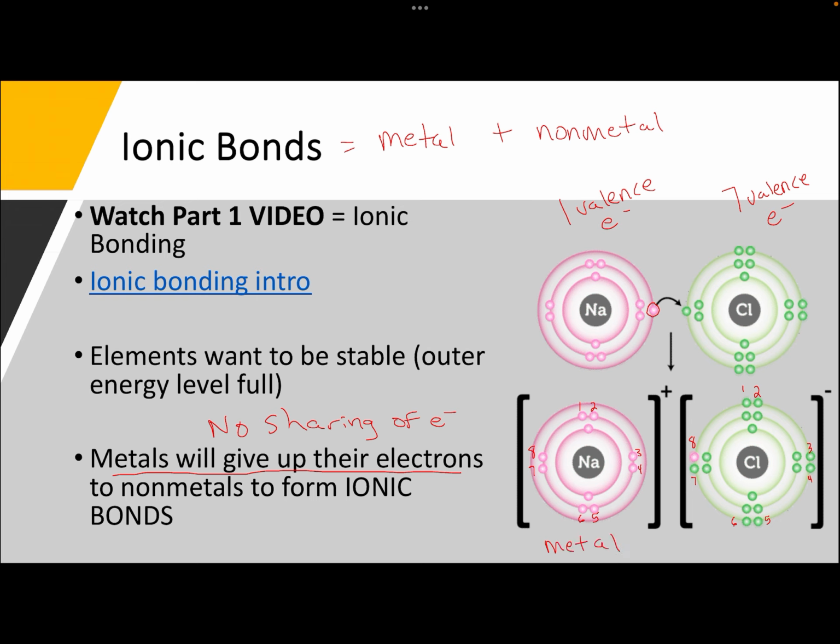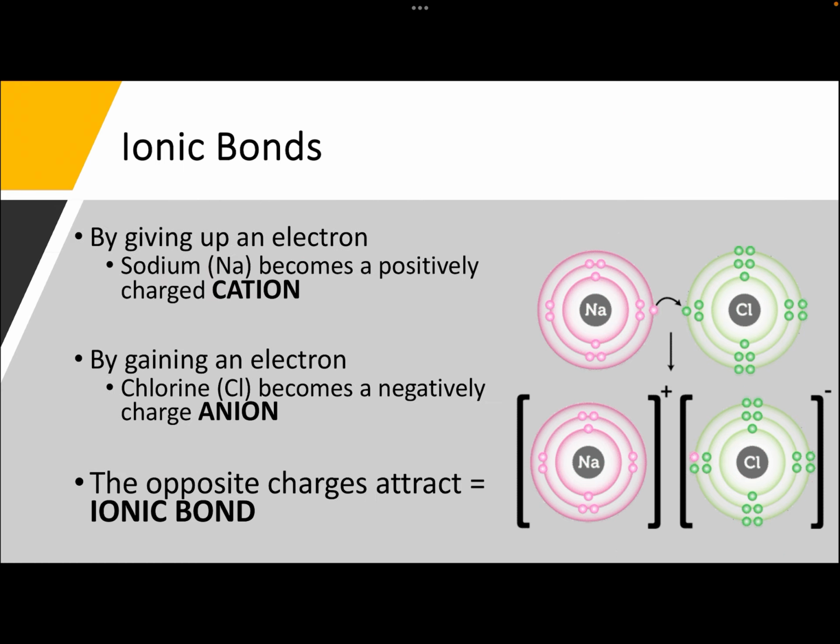Sodium is a metal. Chlorine is a nonmetal. So this idea of ionic bonds, a metal bonding with a nonmetal, the metal generally will give up its electron to the nonmetal. By giving up an electron, sodium becomes a positively charged cation.